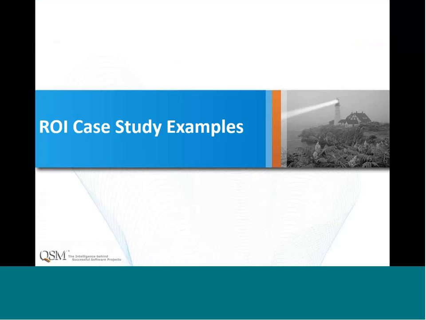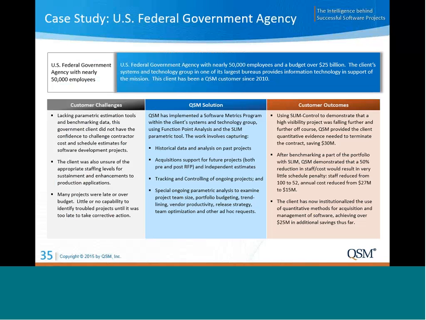All right, so here are just a couple of case study examples from real clients. The first is a client where, when we first started working with them, they felt really frustrated. They felt like they were in a weak negotiating position with their vendors. They felt like they had no real way to provide an independent estimate. In fact, one of our clients joked with us that he would whisper over to the vendors, how much do you think this should cost?